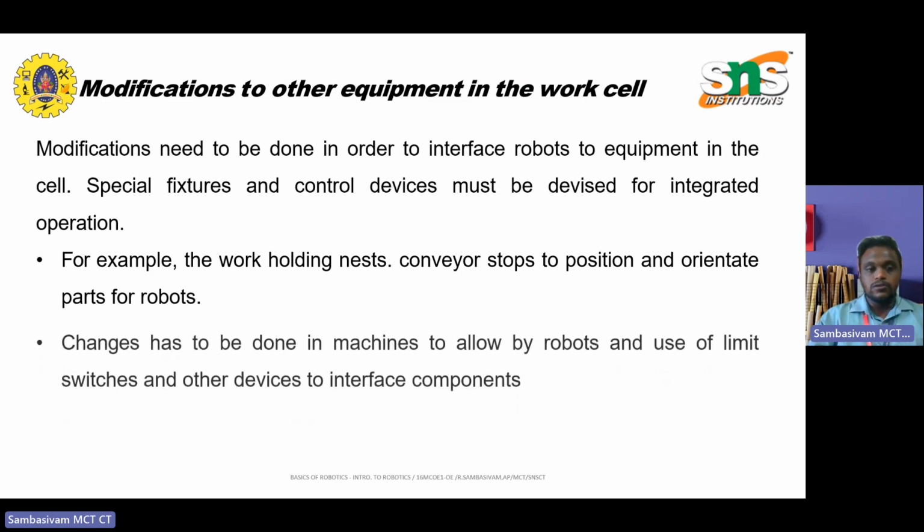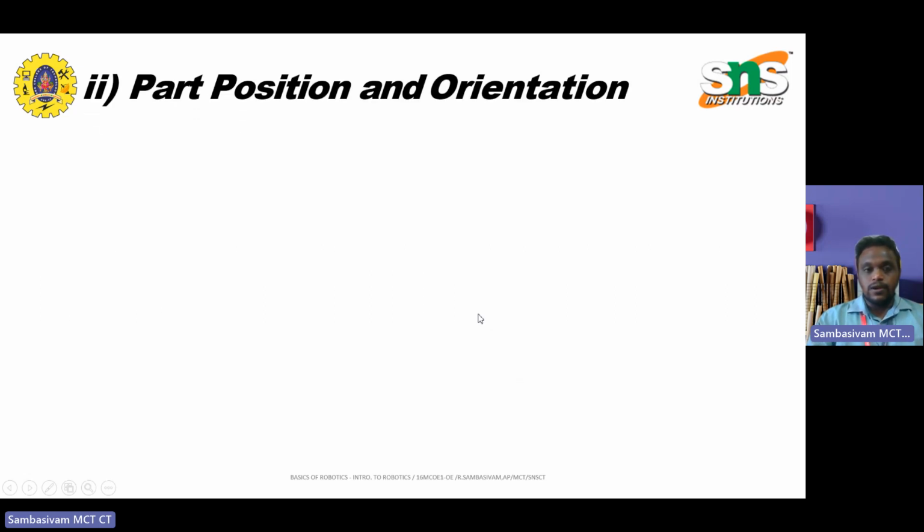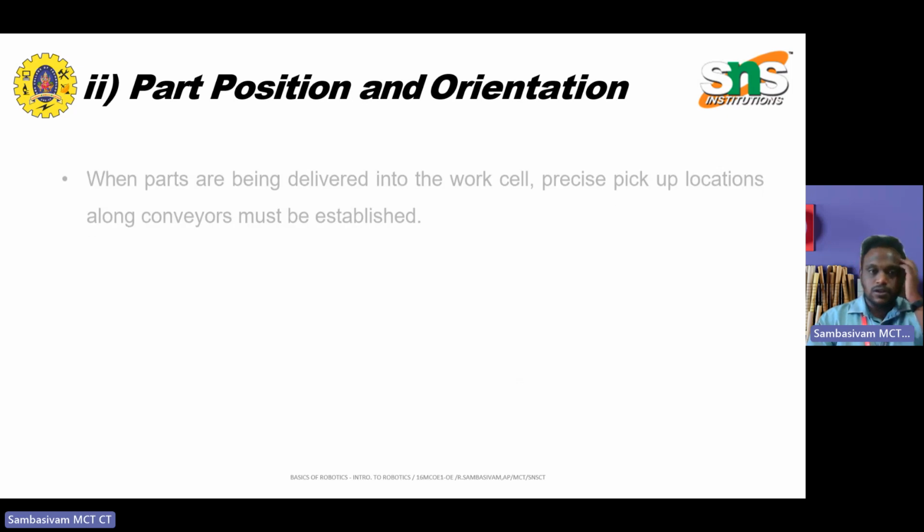Changes have to be made in the machine to allow for the robots, and the use of limit switches and other devices to interface the components plays a vital role and is a challenge in designing the work equipment.